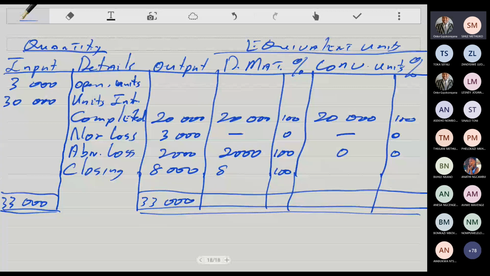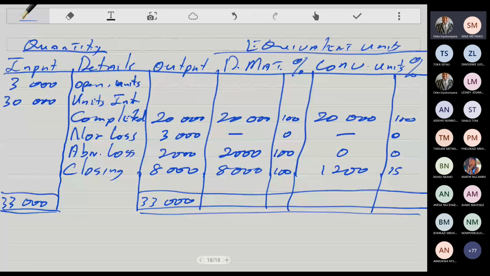So we are going to calculate 15% of 8,000, which is going to be represented by 1,200 units. So that's how we are going to show your quantity statement. Then in the output column, I will have our 33,000.